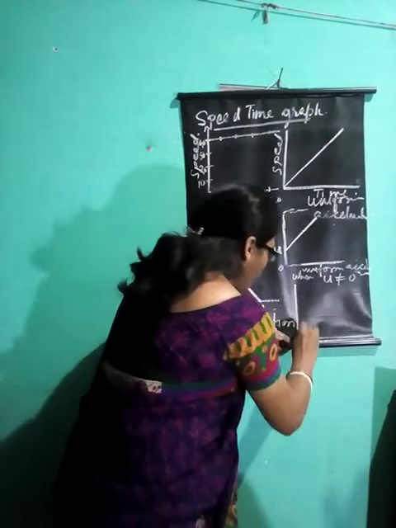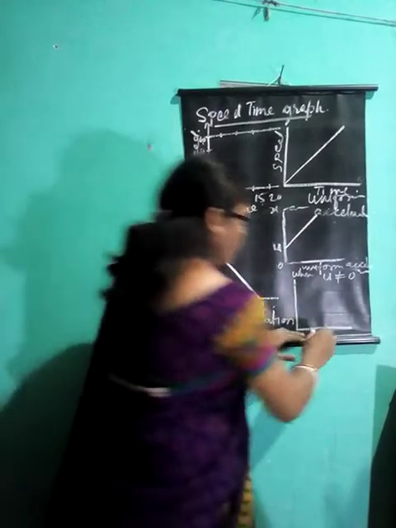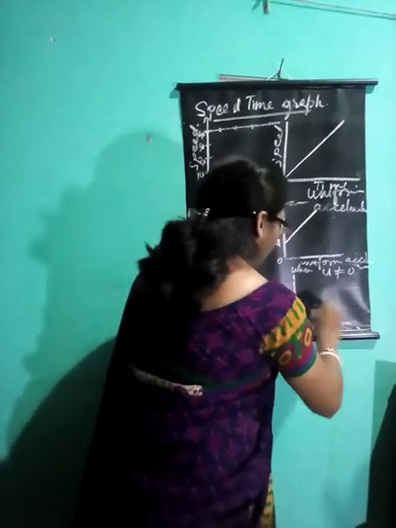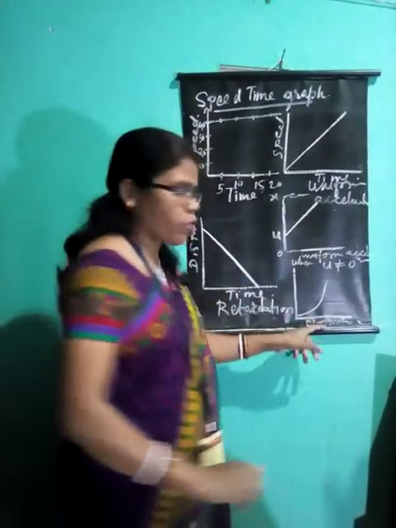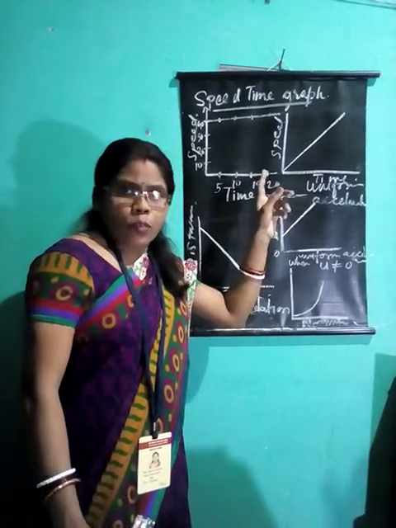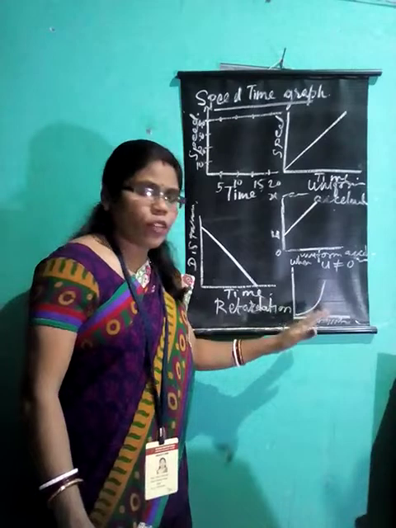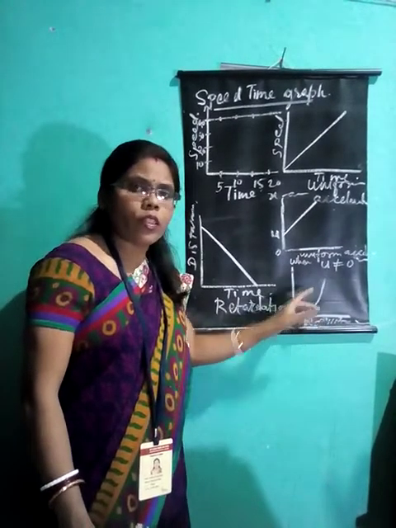And the last one is non-uniform acceleration. For non-uniform acceleration, it will be a curve graph. Just like for non-uniform speed you had a curve graph, you did not have a straight line. Similarly for non-uniform acceleration, you will be having a curve graph.